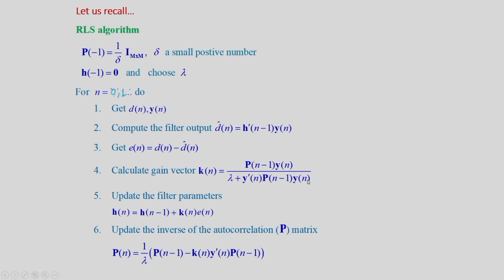So, this uses the current data and the past estimate of the P matrix. Then we update the filter parameters by this relationship: hn is equal to hn minus 1 plus kn times en. So, kn is the gain vector.